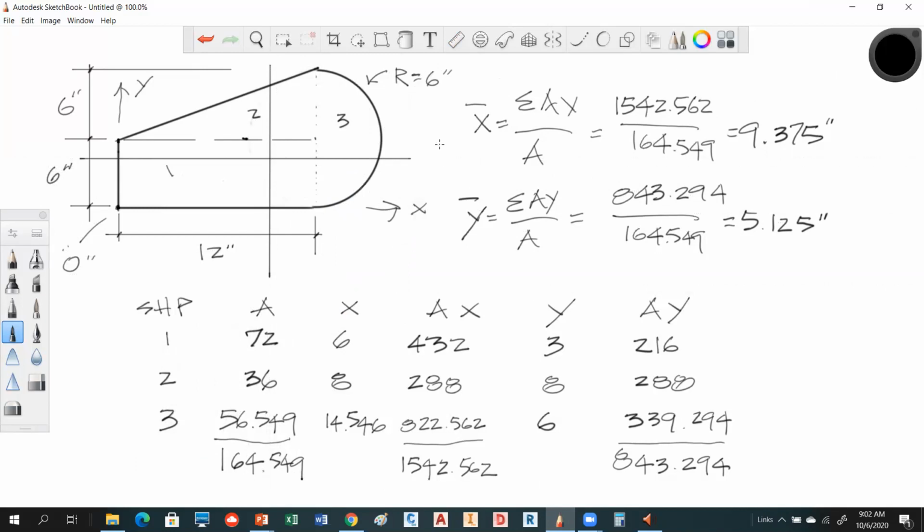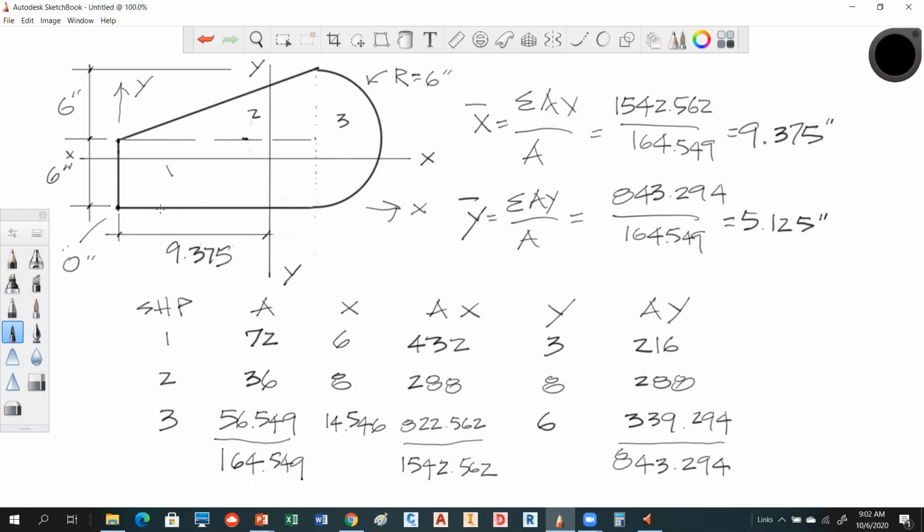This would be the x axis. This would be the y axis. And if I erased that off right there, what I'm saying is this distance here to the YY is 9.375, and this distance up to that one would be the 5.125. You get the idea?